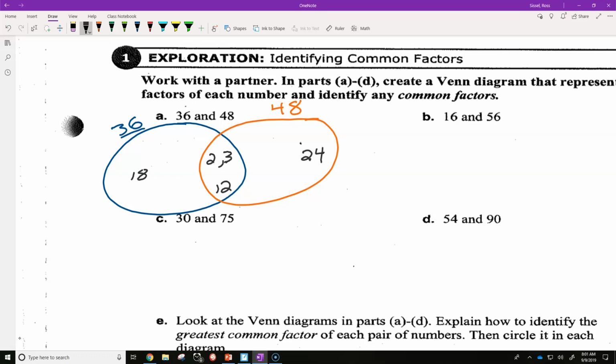12? Yeah, that's what we put in the middle. Sai? 8 goes into 48. Oh, come on, Sai, tell me all the answers. 1 goes into both.